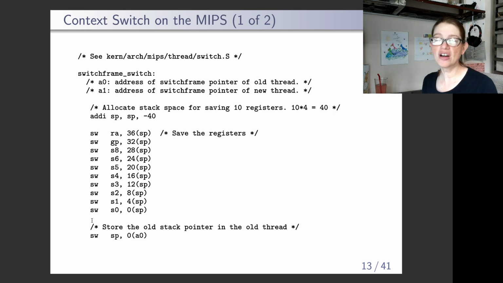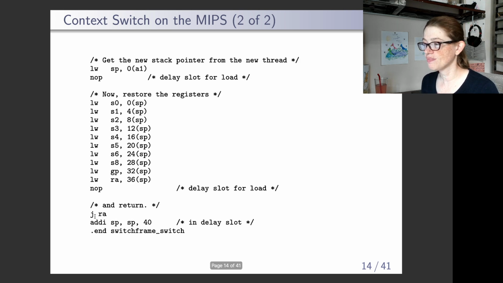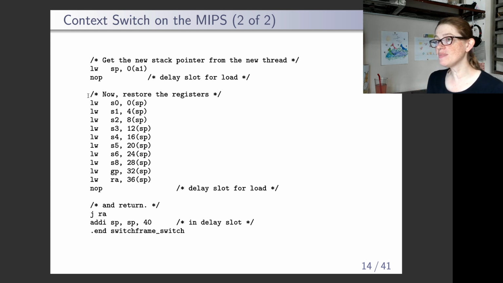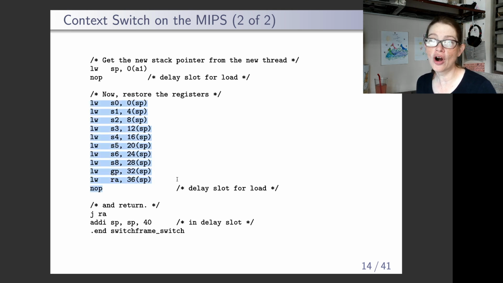The second part of switchframe_switch is to begin the restoration process of the new thread's context. So then we're going to move from using the old thread stack to the new thread stack. And then because thread switch is only capable, as per the conventions of register use, of saving and restoring the caller save registers, we need switchframe_switch to restore the callee save registers for our new thread.